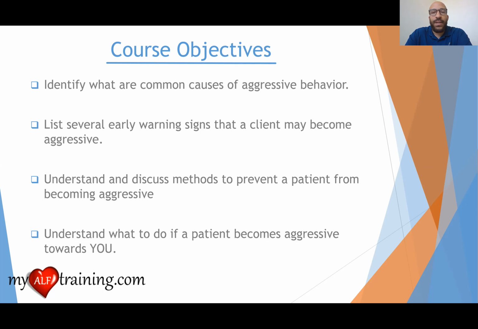After we've identified the early warning signs that this patient may become aggressive, what are we going to do to prevent them from becoming aggressive towards us, towards another staff member, or even towards another patient at the facility? So this is very important because not only are your coworkers counting on you, the patient is, and the patient's family, and the other patients in the facility as well.